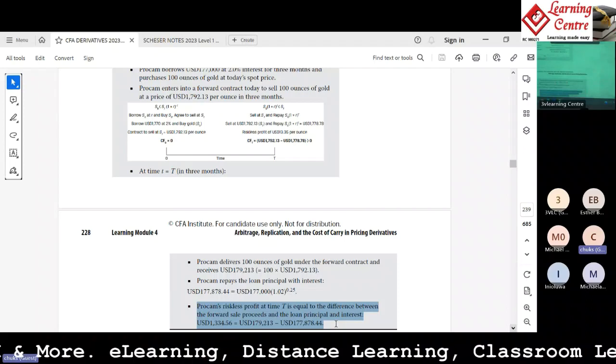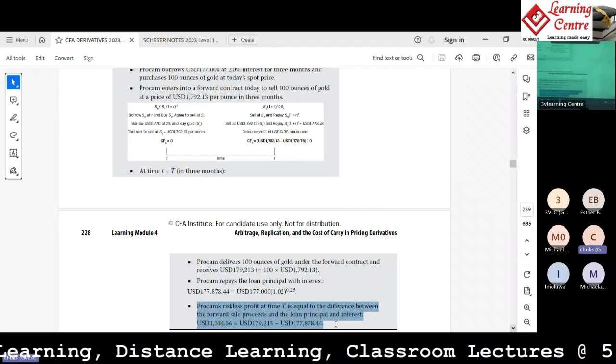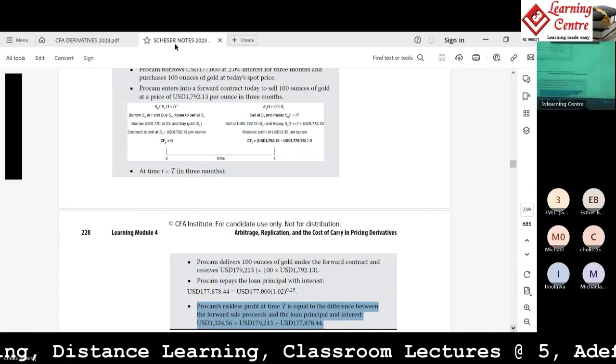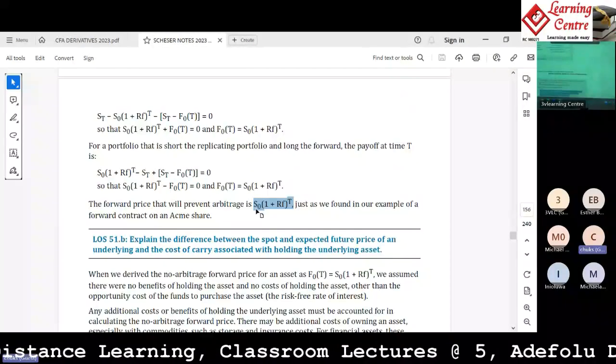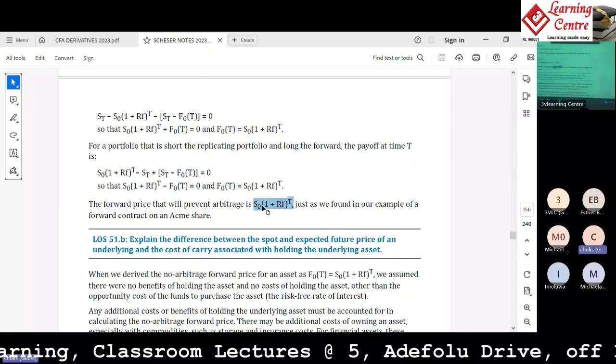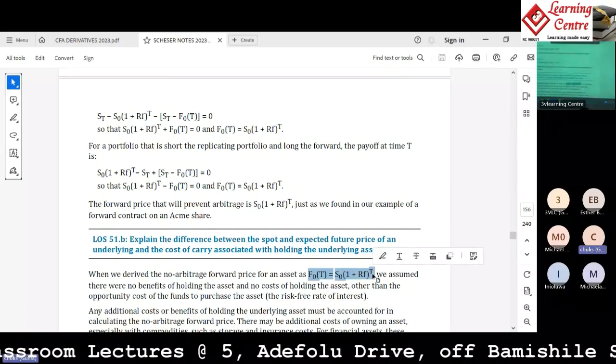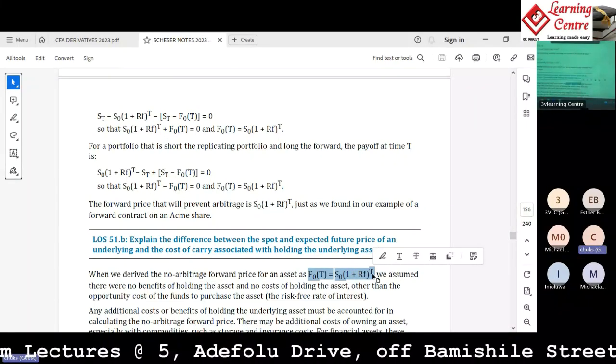In all these stories, what you basically need is the formula, which is the spot price times 1 plus the risk-free rate raised to power time. That's basically what you need. The rest are just stories.